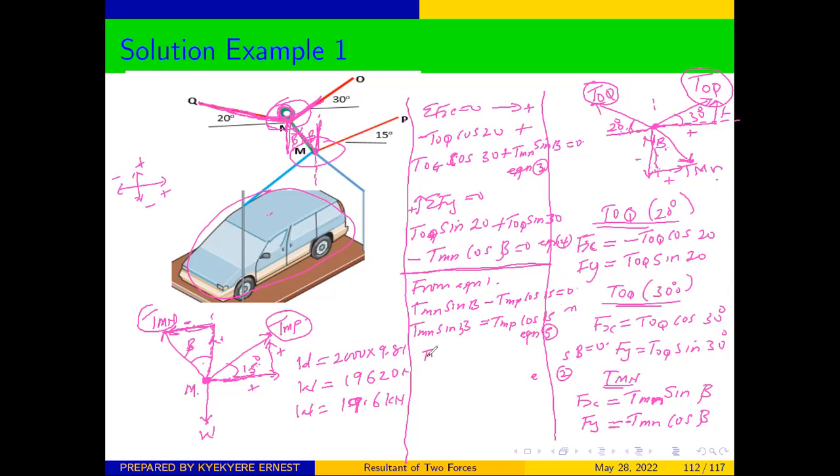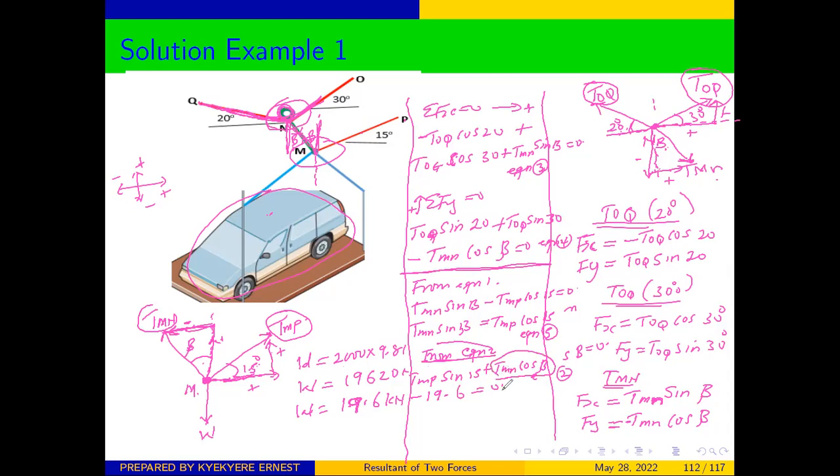And then from equation 2, we also realize that TMP sine 15 plus TMN cos beta minus 19.6 is equal to 0. So from here, we can make TMN cos beta the subject.